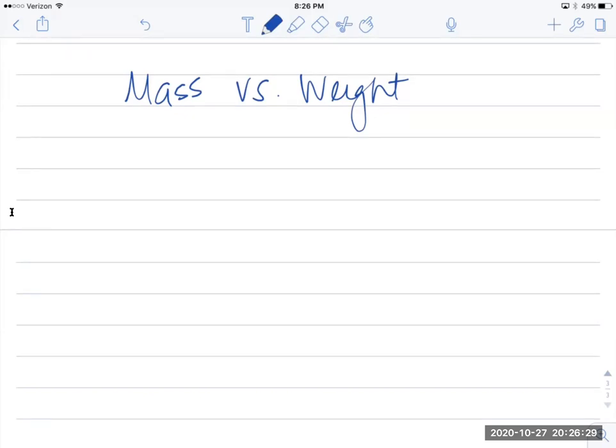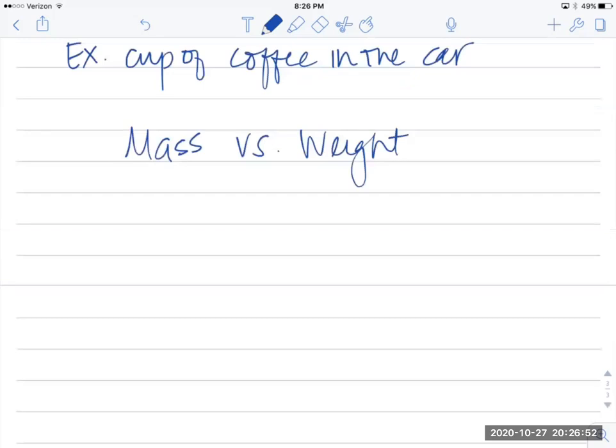Remember that inertia is the tendency for an object to resist change in its motion. Some objects have more inertia than others, and the inertia of an object is measured by its mass.